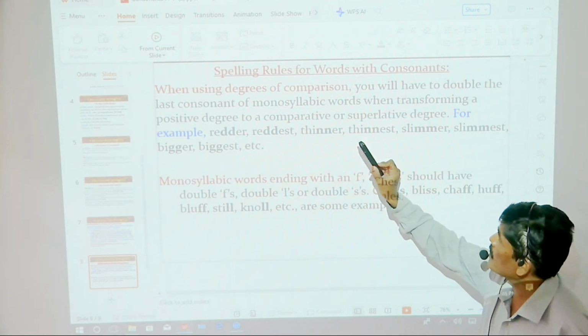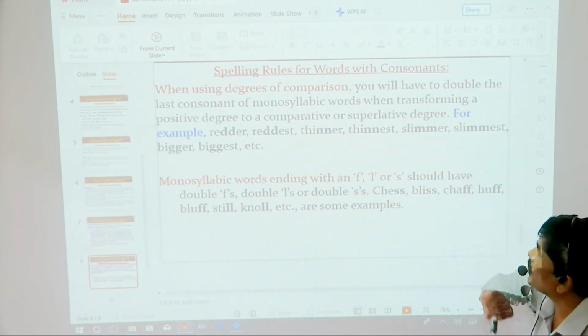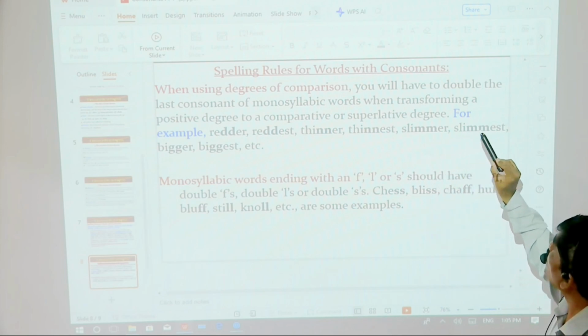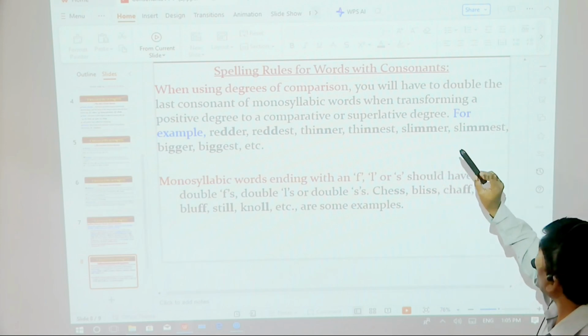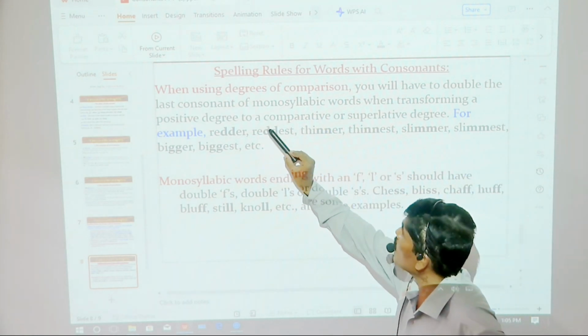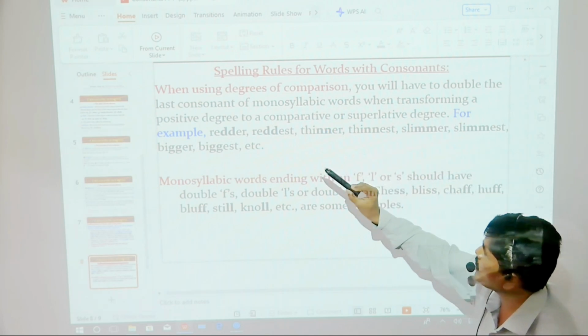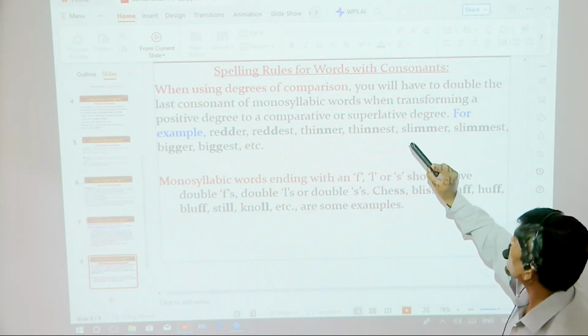Here see the spelling rules for words with consonants. When using degrees of comparison, you will have to double the last consonant of monosyllabic words when transforming the positive degree to the comparative or superlative degree.